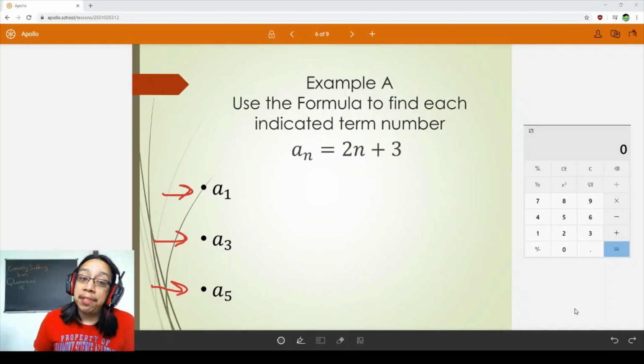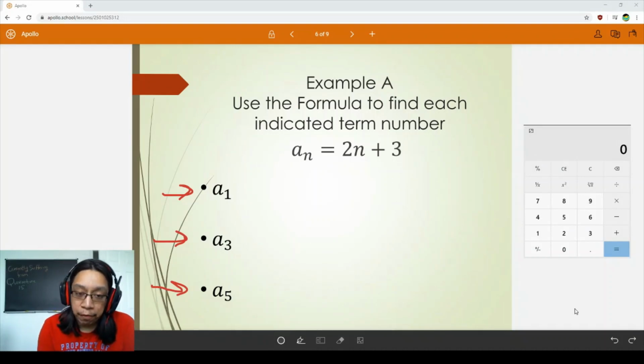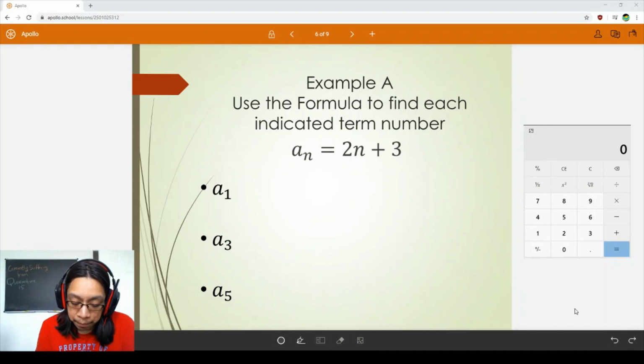It's actually very simple. All you have to think about is this. Look at the number that's given to you for each term, and that's the number that you're going to be plugging in order to find out the number for that specific term. So for example, let's work with the first one, a sub 1. What you guys need to focus on is this.